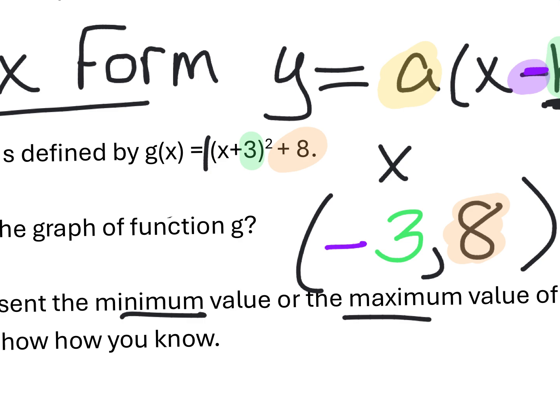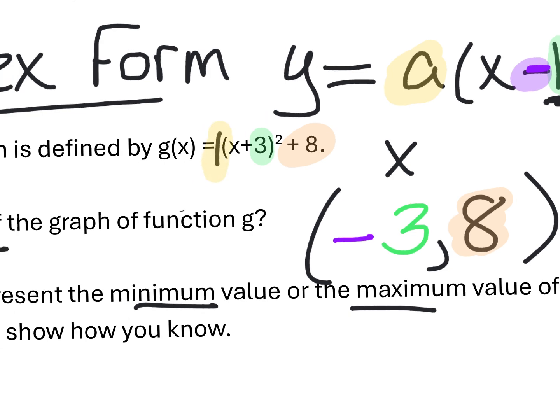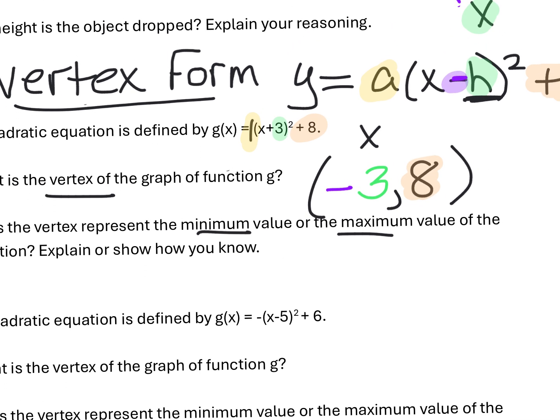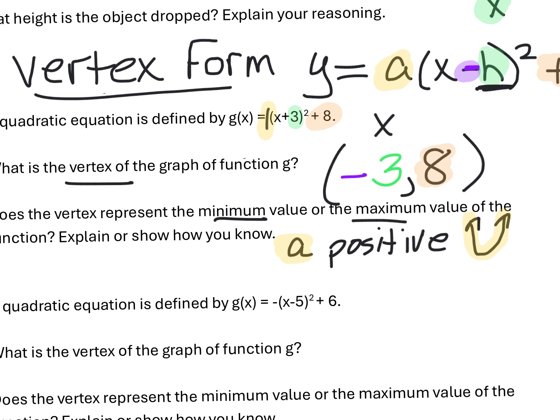That is my A value. And because that A is positive, that means that my parabola will open up. So it opens upward, which means that the vertex is going to be a minimum.